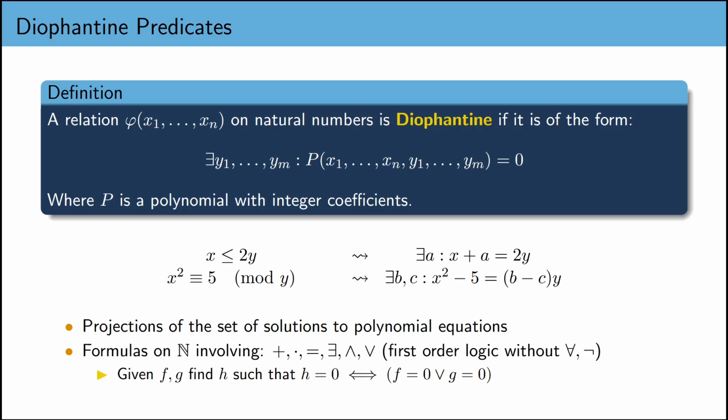There's a little bit extra that you have to prove here, specifically given two polynomials f and g, that you can find a polynomial h that's equal to 0 exactly when one of f or g is equal to 0, but I'll let you prove that on your own. And ultimately, it will turn out that any predicate is Diophantine if and only if it is given by some computer program. And this is where the whole undecidability business will come from.